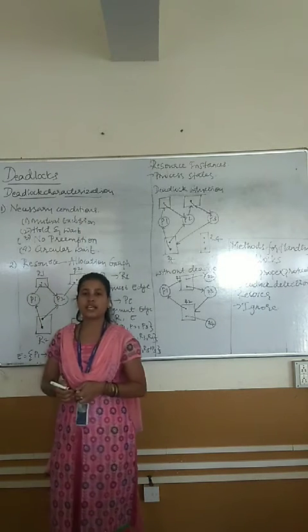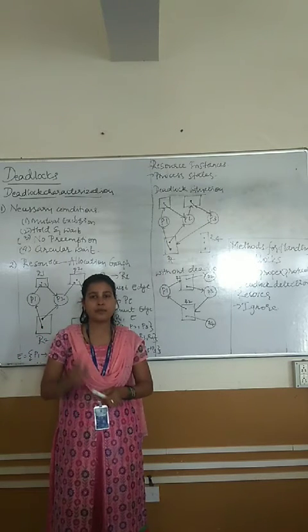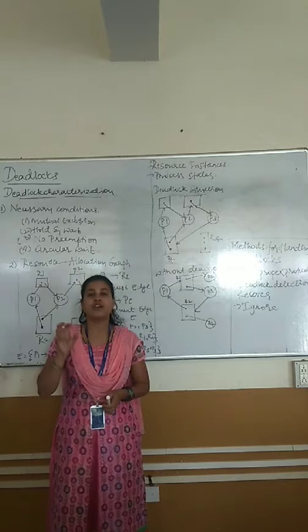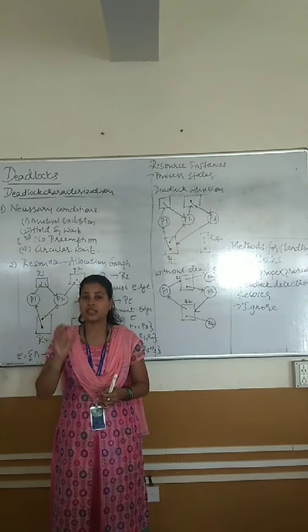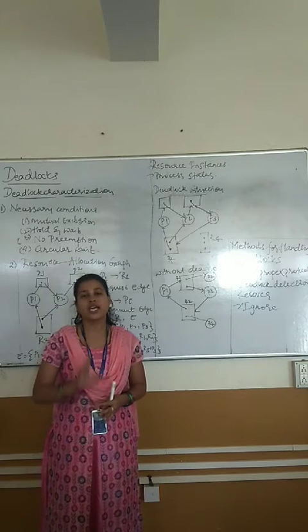What is mutual exclusion? As we have seen in the synchronization module, when one process is in its critical section, or is using a shared resource, other processes should not be allowed to use that shared resource.